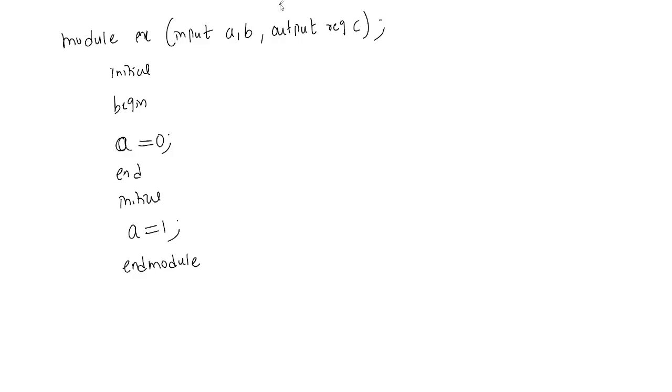It will be X. Theoretically speaking, it should be x only. But my question is, when you run it in a compiler, Vivado or EDA Playground, will this code compile or not? That is my question.